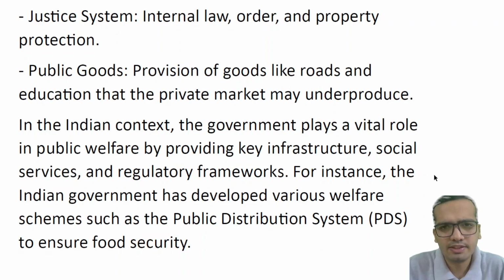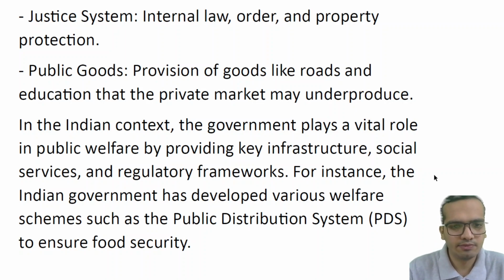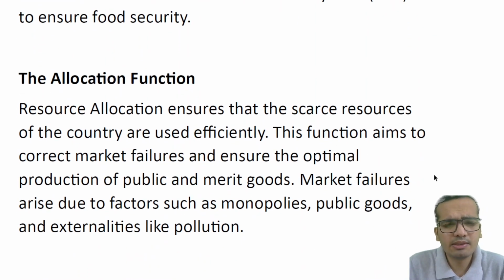In the Indian context, the government plays a vital role in public welfare by providing key infrastructure, social services, and regulatory framework. For instance, the Indian government has developed various welfare schemes such as the public distribution system (PDS) to ensure food security. Then comes the allocation function. That's resource allocation ensures that the scarce resources of the country are used efficiently.